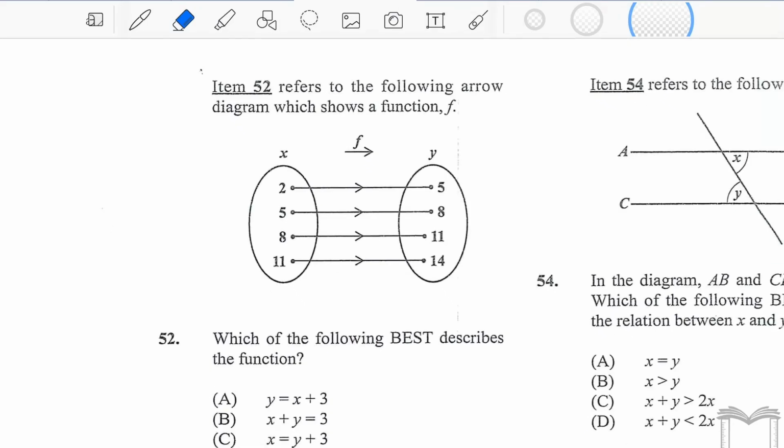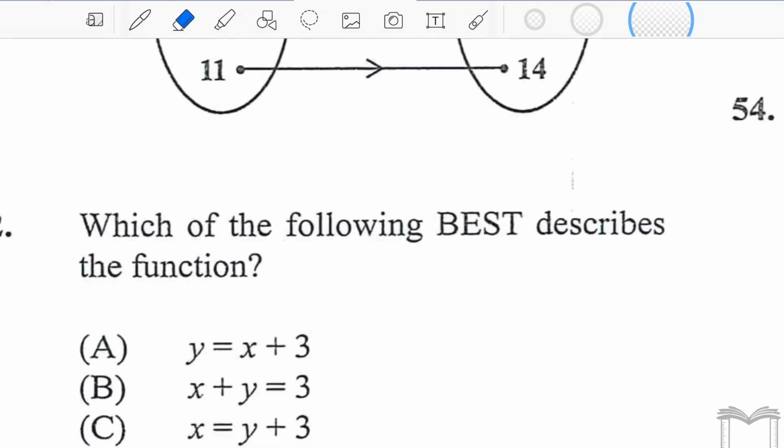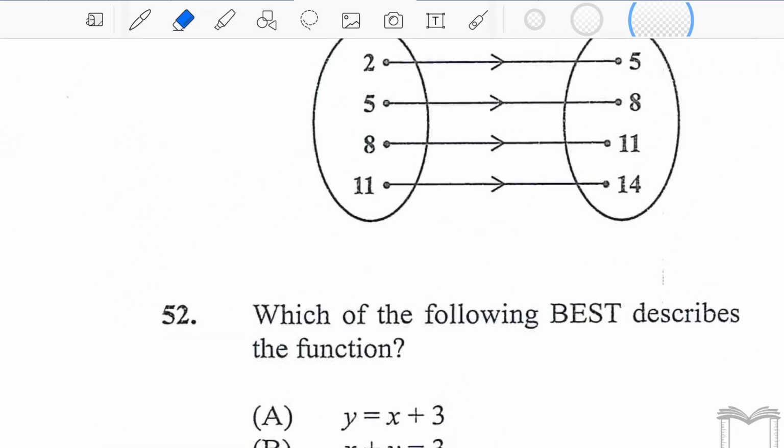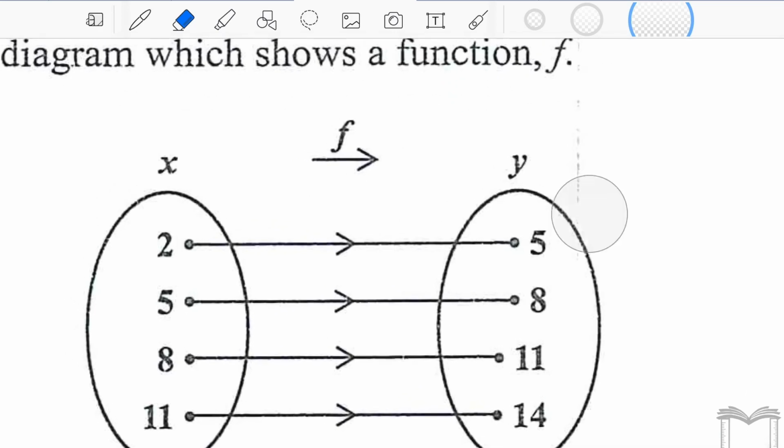Number 52. Item 52 refers to the following arrow diagram which shows a function f. Which of the following best describes the function? So let's look at A. A is y is equal to x plus 3.